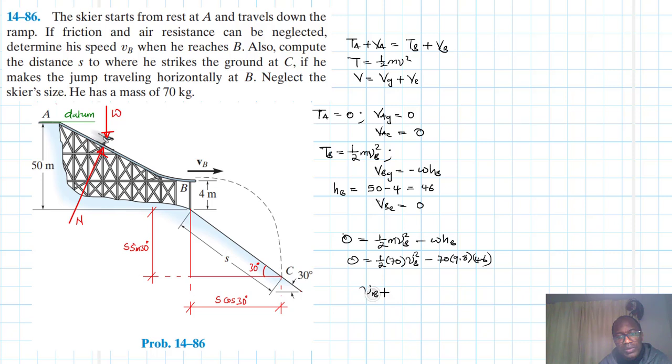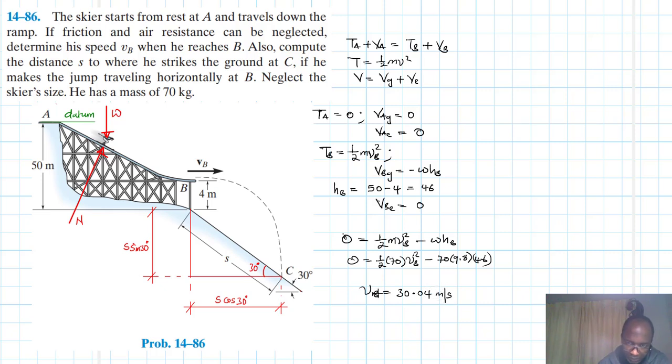Therefore, our VB is equal to the square root of 70 times 9.81 times 46 divided by 0.5 times 70. That gives 30.04 meters per second.